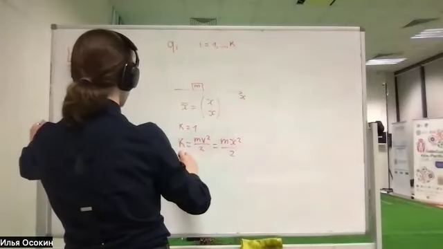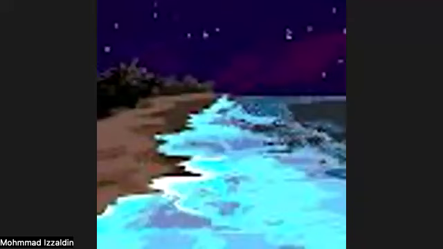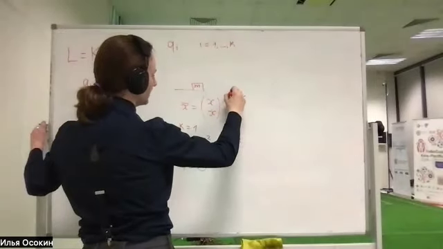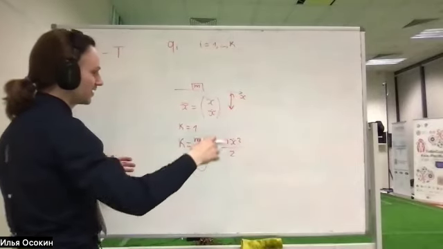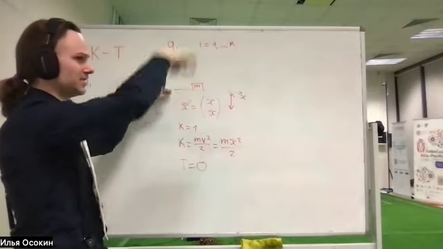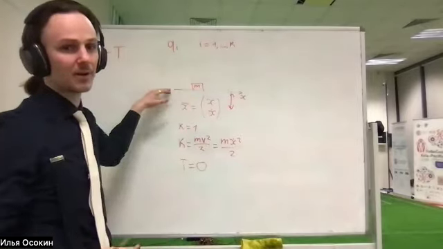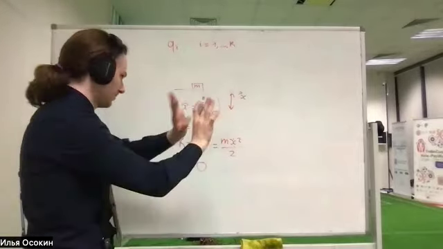So the potential energy here is just 0. The potential energy depends on height, right? Yeah, it depends on the height, but the height doesn't change. So we can arbitrarily set this level to be height equal to 0 and nothing will change. It doesn't depend on x anyhow.